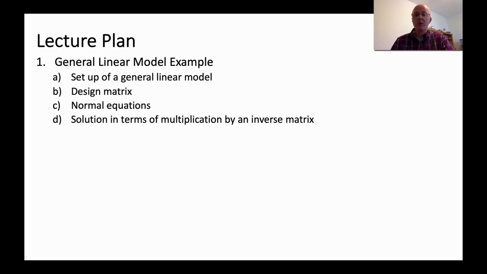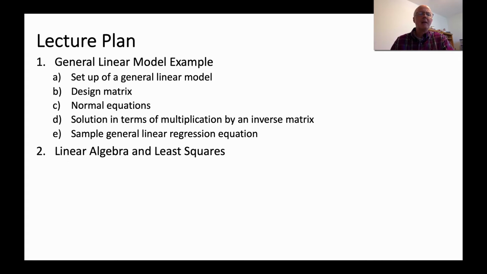We'll solve the normal equations with an inverse matrix and a multiplication. Then we'll look at the answer, the sample general linear regression equation. Then we move on to our second main topic, this broader context, linear algebra and least squares. And let me also say, you can even put this in an even broader context within more advanced linear algebra. I might hint at that in a future lecture.